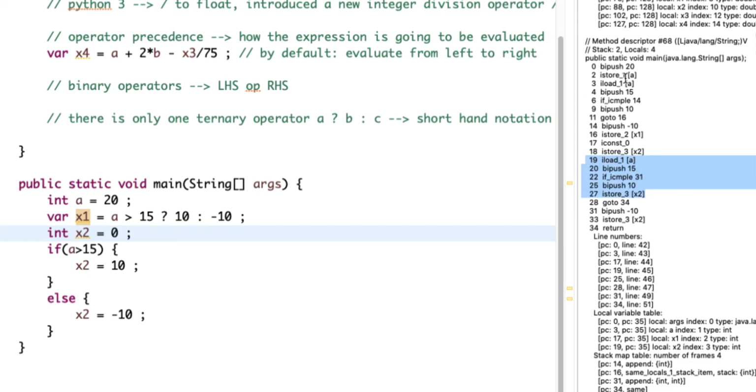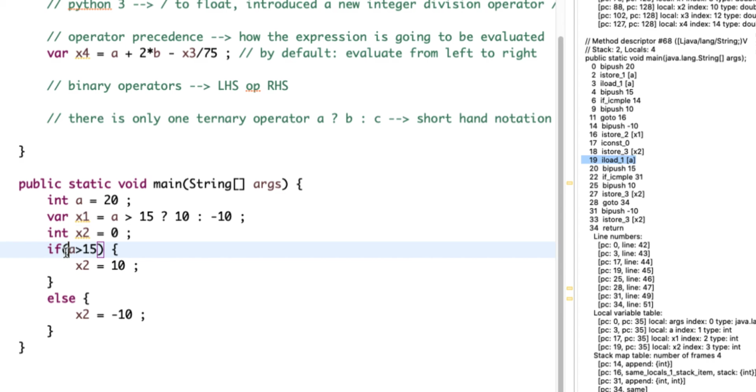Because remember, A is stored in index 1 of the stack, and x1 is stored in index 2 of the stack, and then we are loading the integer from index 1 of the stack, which is A, right? A was stored in index 1. So it's going into evaluating this expression. First, it has to load A and then push 15 to the stack, and then again it's going to do an integer compare less than or equal.